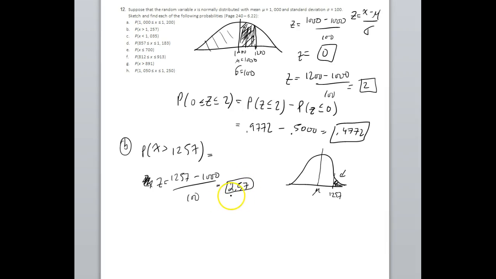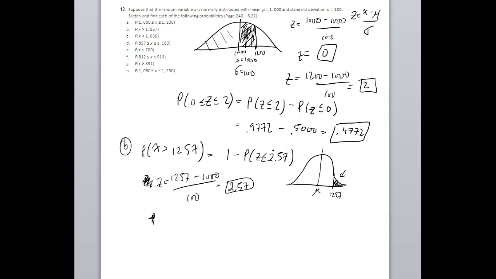Now because we're looking for the area, or the probability, above, the way we would do this is: this is equal to 1 minus the probability that z is less than 2.57, because really what we want is the probability that z is greater than 2.57.